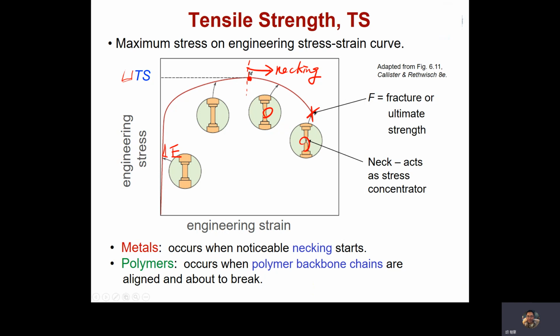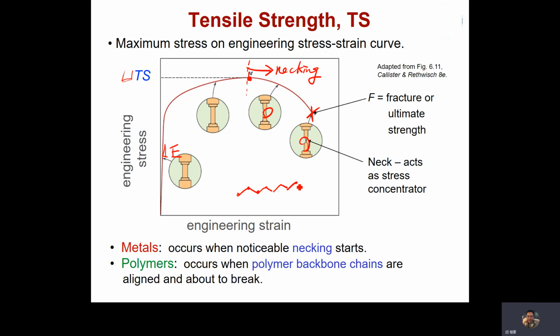For metals, the tensile stress occurs when noticeable necking starts. However, for polymers, the tensile stress occurs when polymer backbone chains are aligned and about to break. As we know, the polymer chain is like this carbon chain, right?